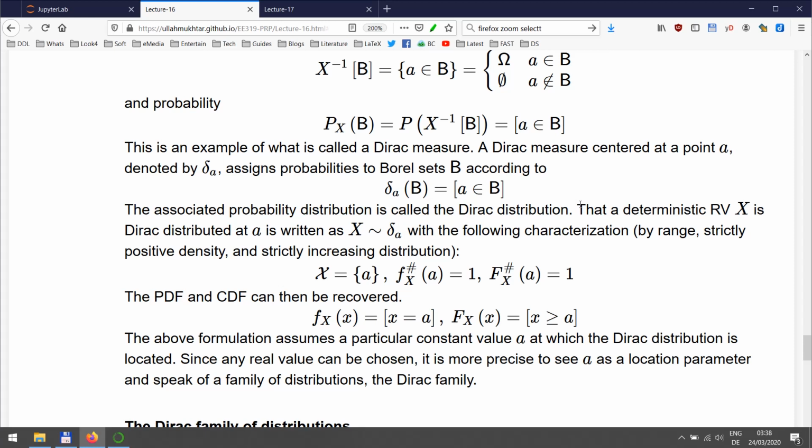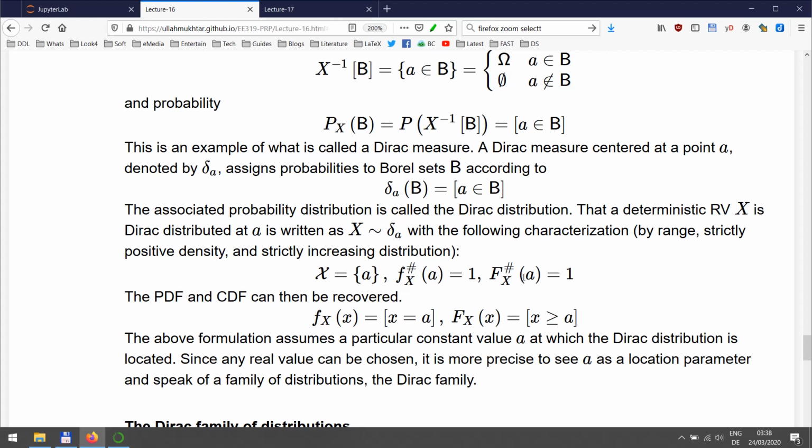So now I can summarize everything. The support is a countable set which has only a single point, the strictly positive PDF, remember the discrete PDF, is 1 because that's the only value. All the probability is concentrated at a single point, and the CDF is also 1.